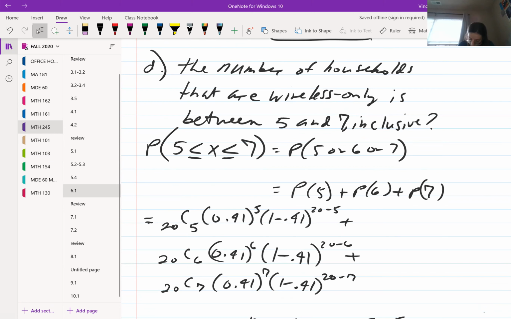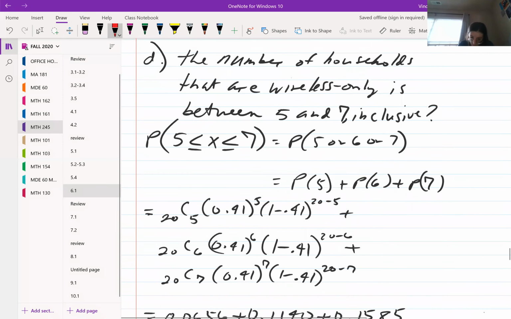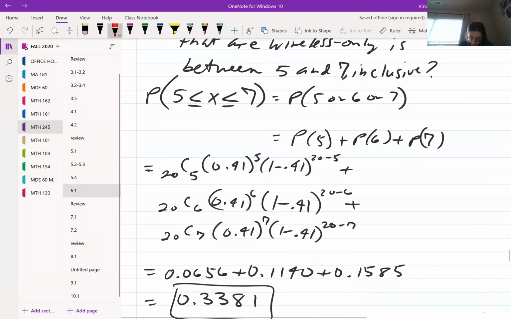So that's what we have here. And we add them together. That'll give us 0.3381.